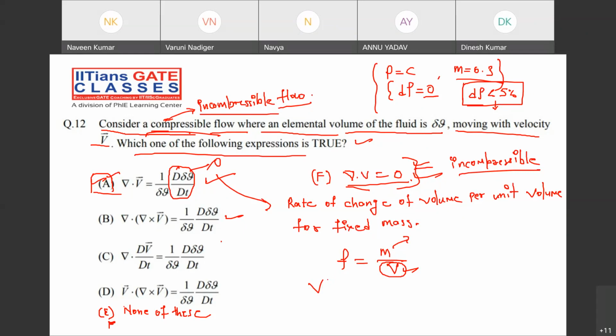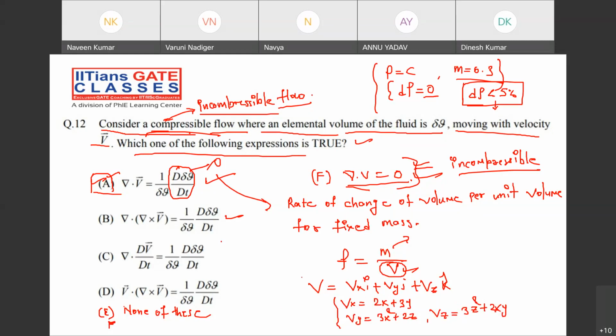Let's say the vector field is Vx i plus Vy j plus Vz k, where Vx is given as 2x plus 3y, Vy is given as 3x squared plus 2z, and Vz is given as 3z squared plus 2xy. Okay, this is a velocity vector field.